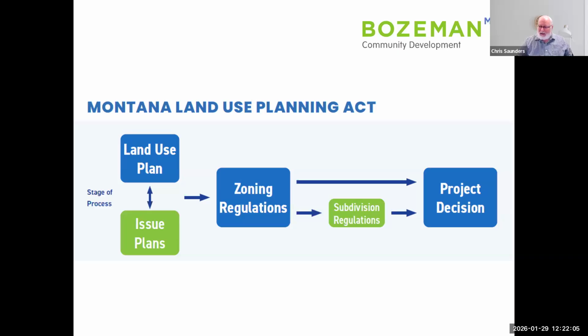State law lines out subdivision regulations are primarily focused on A, compliance with the zoning, and then B, elements related to things like surveying and recording of documents, the actual platting process itself that creates the parcels. And compliance with those regulations is what leads to the project decision.